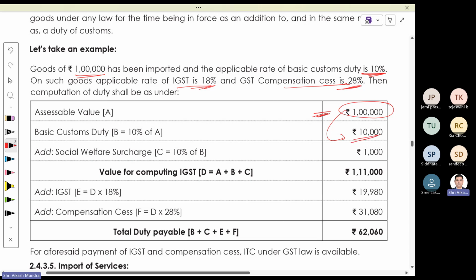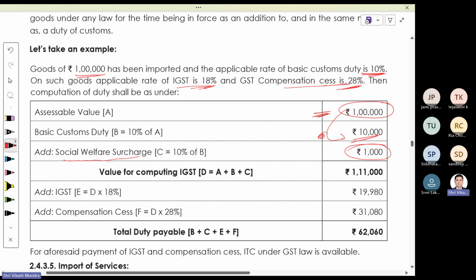We got 10,000 rupees. Whenever we charge custom duty, 10% of it is applicable as social welfare surcharge. Even though it is not mentioned in the illustration, this 10% SWS you are supposed to charge, as 10% of your basic custom duty.